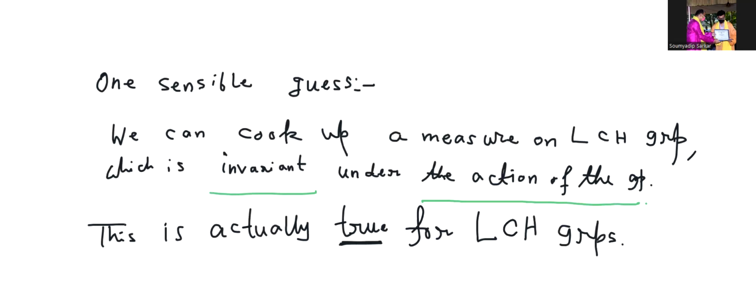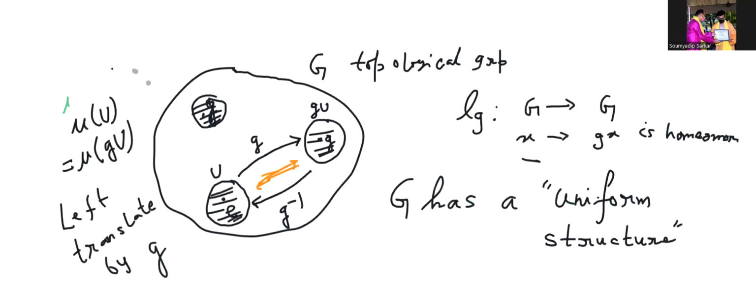So the volume of the set U is the same as the volume of the set gU. gU means the left translate of U by g. That means not only does your topology have a uniform structure, your measure also has a very uniform structure. The volume is distributed uniformly throughout G. What can be better than this?